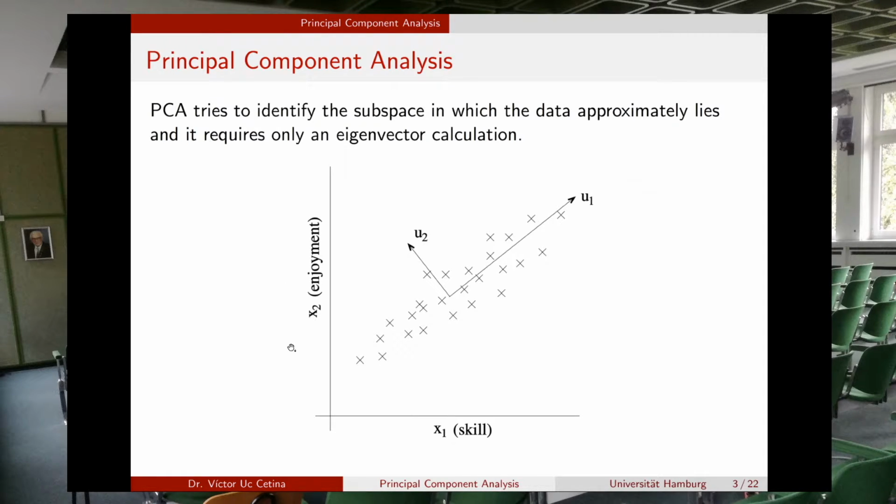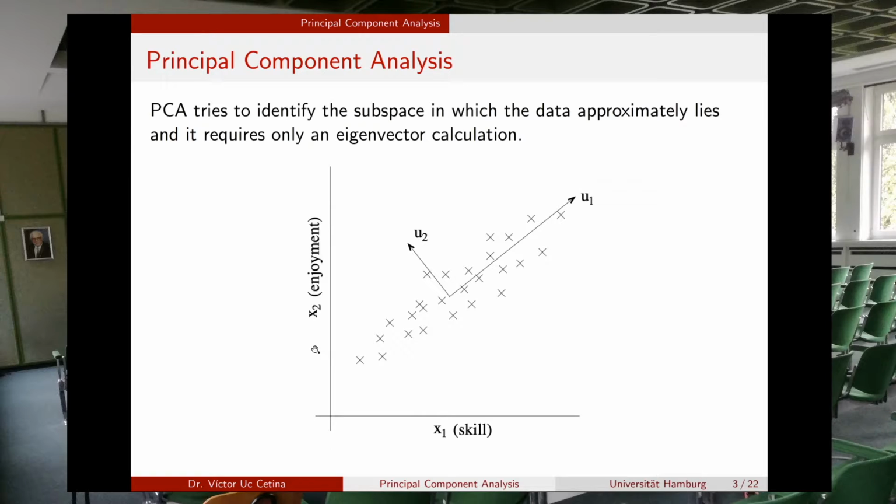So consider these two variables, or attributes or features. It is common that if some person has fun doing some task, then this person will have a higher probability to do more practice and then to perform and have advanced skills at that task.